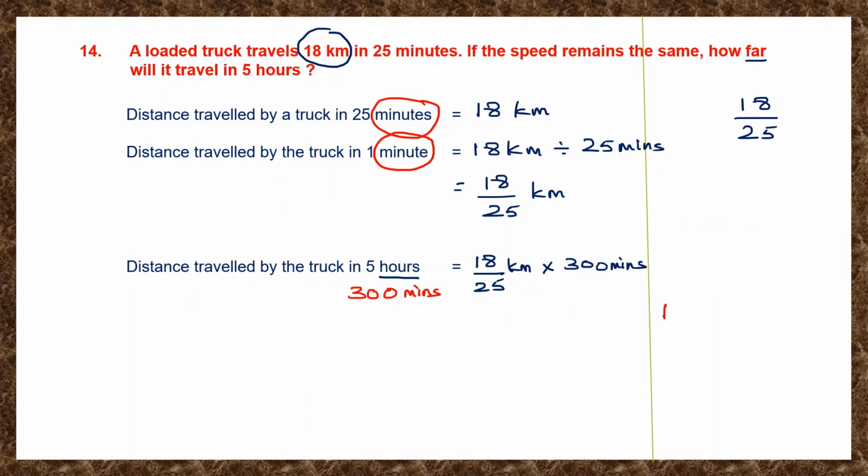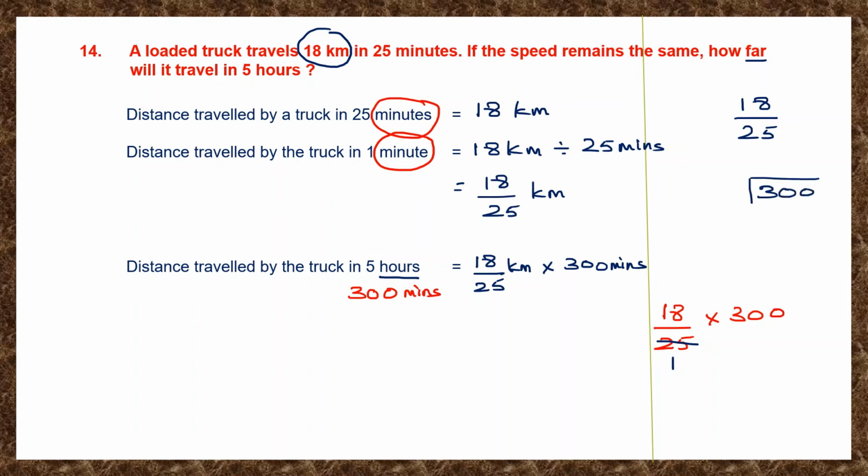So let's multiply 18 by 25 into 300. Now we can cancel. I can cancel 25 and 300 both by 25 itself. 25 ones are 25. Now 25 into what will give us 300? We can divide and see.